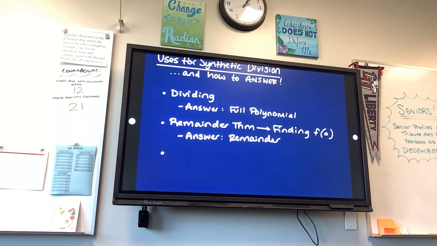And the third application is something we had done on Tuesday, and that is determining, is the divisor a factor or not? So I'm going to ask you to remember from Tuesday. Do you remember what you're looking for? Remainder 0, right?